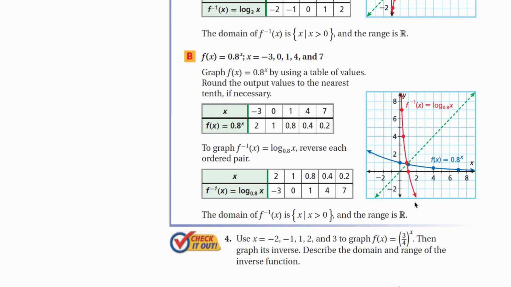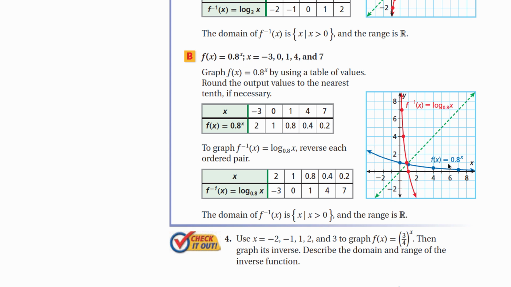All right, so what is the domain of the inverse? What we do is we look at the range of the original. Looking at the original, the range was the set of all y values such that y is greater than or equal to 0. So that's the domain of the inverse.